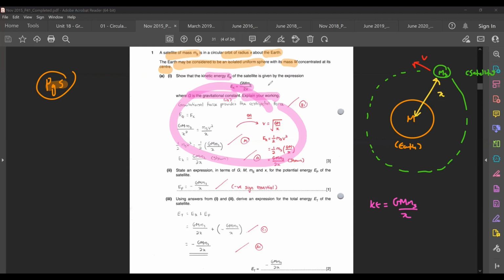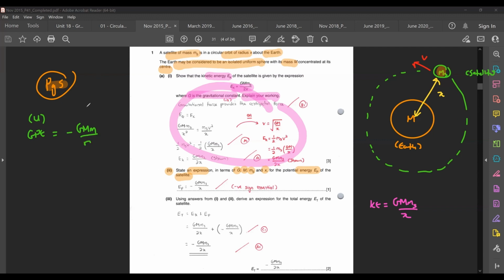Okay, so now in part 2, you are required to state an expression in terms of G, M, ms and x for the potential energy EP of your satellite. Because your satellite is inside the gravitational field of the Earth, it would have gravitational potential energy. So here, you learned last week that GPE or U is actually negative GMm over r.